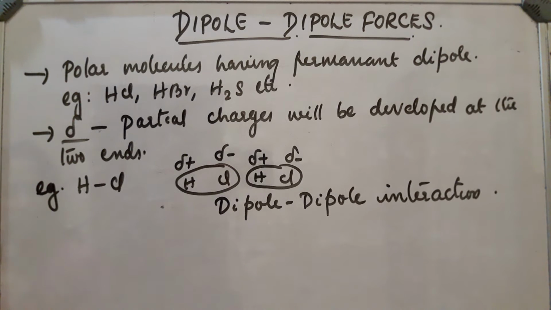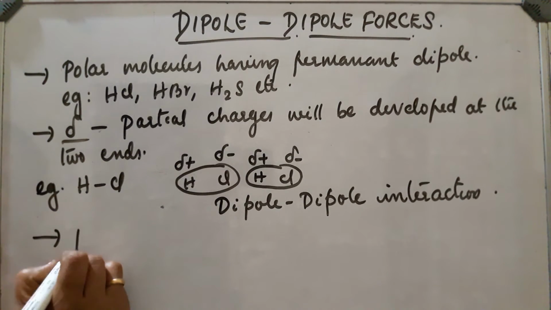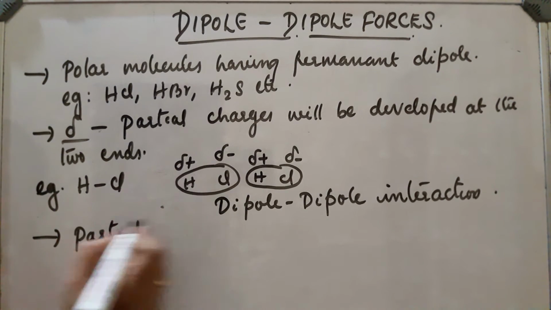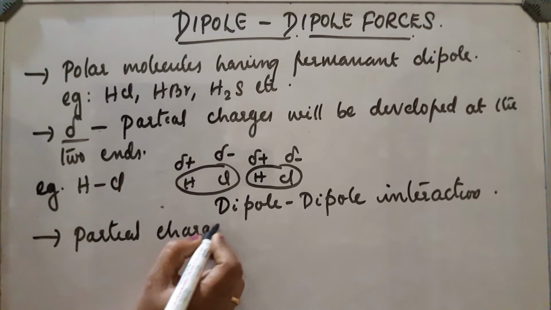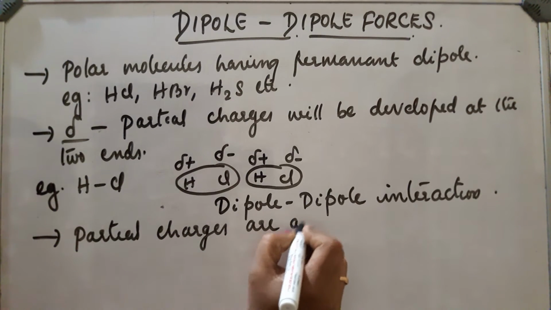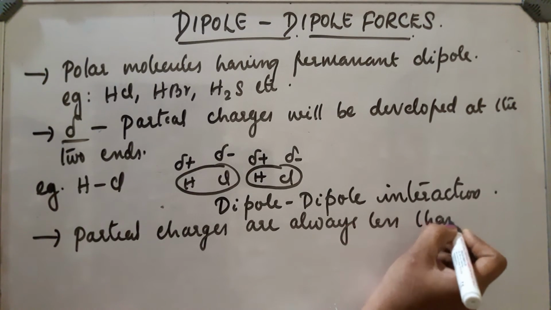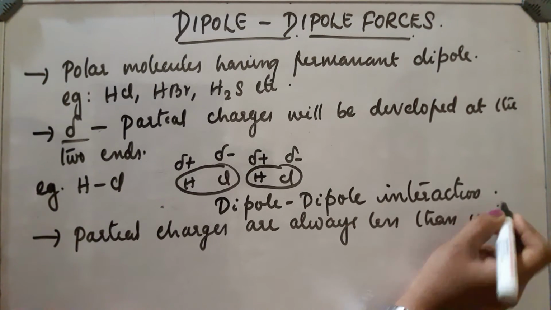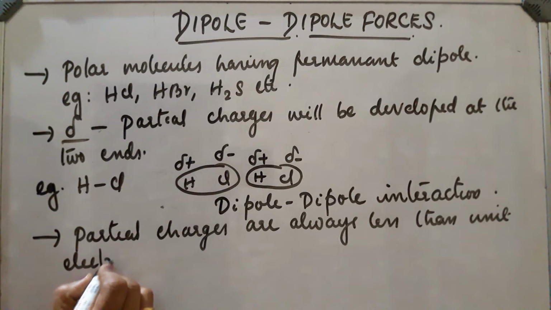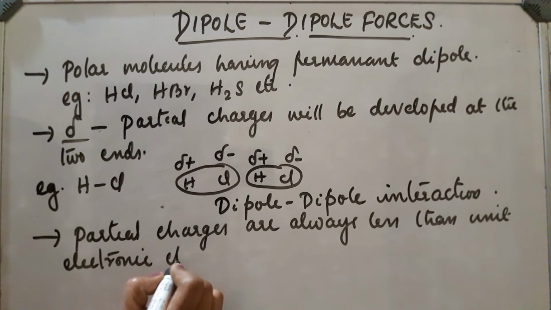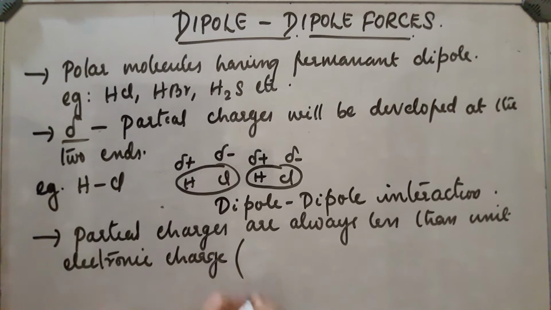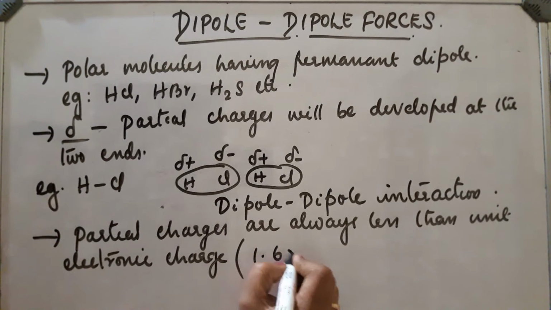So these partial charges are always less than the unit electronic charge. The value of unit electronic charge is 1.6 into 10 raised to minus 19 coulomb.